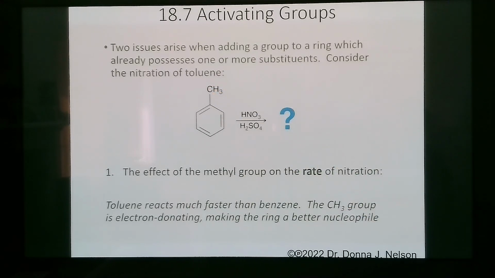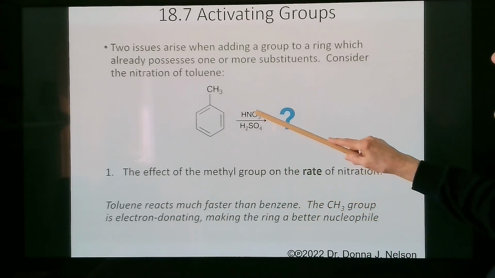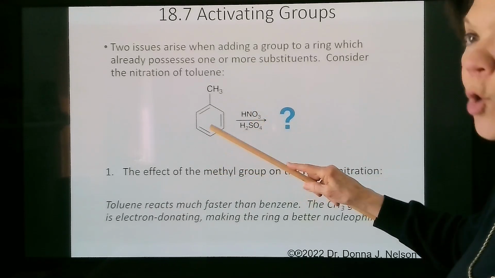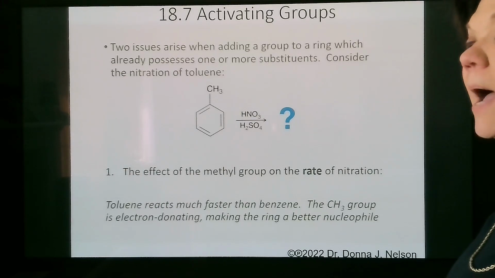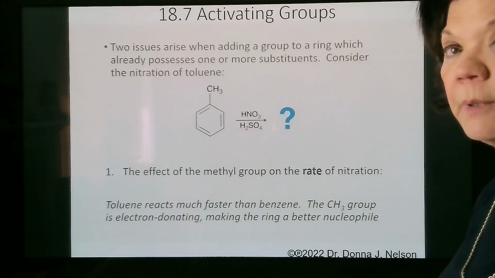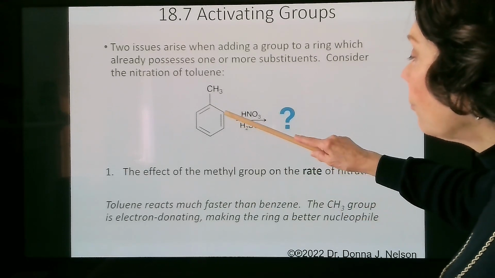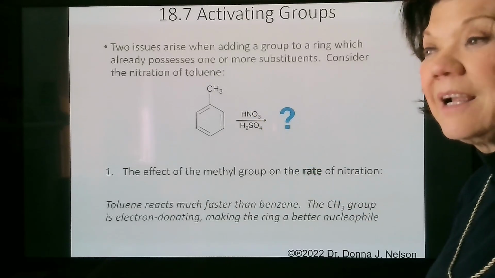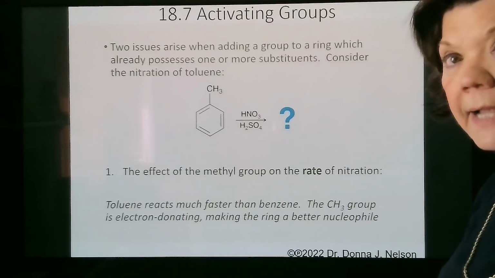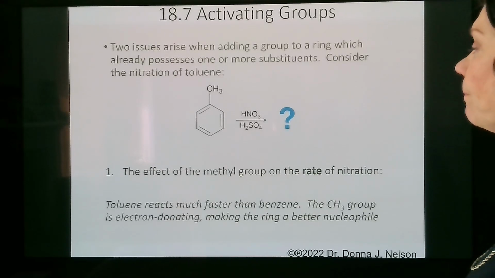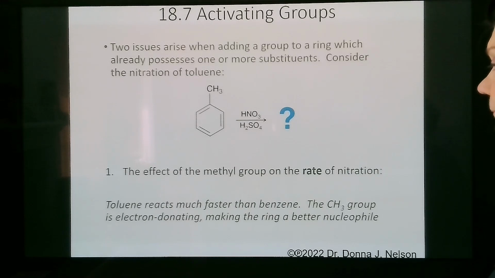You note from what we've seen that these reagents are going to nitrate a benzene ring. But will it occur faster or slower because of this methyl group? And where will it go? There are 3 different places that the incoming nitro group could become attached. And so you need to be able to predict those things.